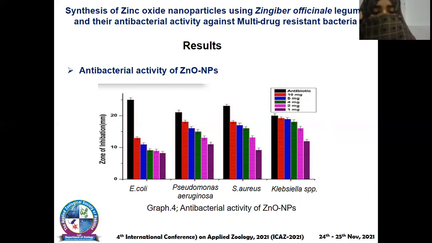It showed the highest zone of inhibition, 12 millimeter, against 10 milligram of zinc nanoparticles. 5 milligram showed 10 millimeter zone of inhibition, 4 milligram showed 9.8 millimeter, and 2 milligram showed 2.8 millimeter zone of inhibition.